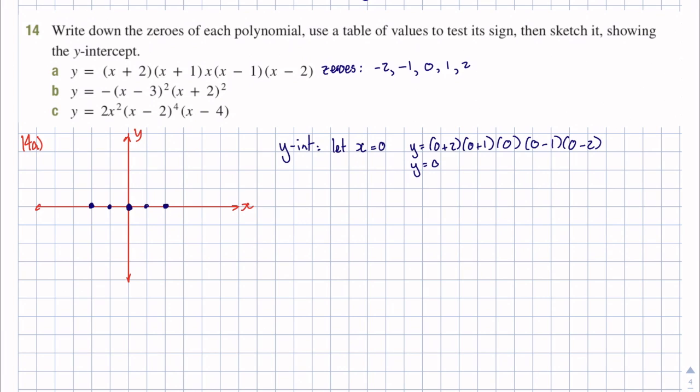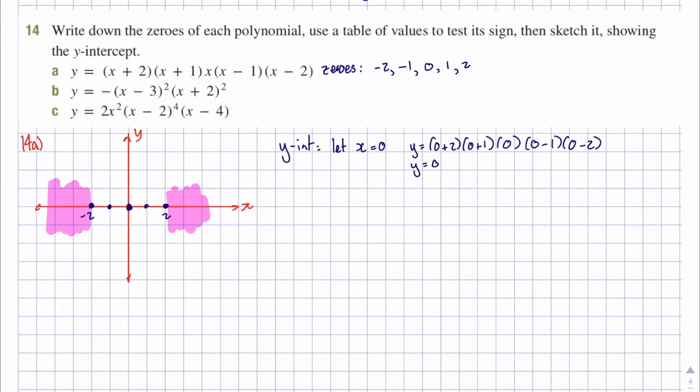We don't know whether it's going to start up here and do that, or whether it's going to start down here and kind of bounce in between them like that. So let's test. This is -2 and this is +2. Let's test a number this way, like -3, and a number here like +3.